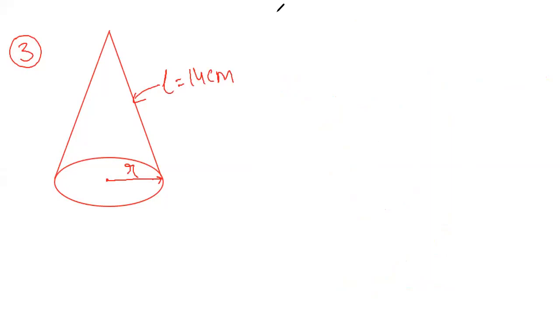I'll take yellow. So TSA of a cone is equal to pi R L plus pi R square. Previously I've told you the derivation, the roots of this formula, so we need not go into that further. We'll substitute the values.